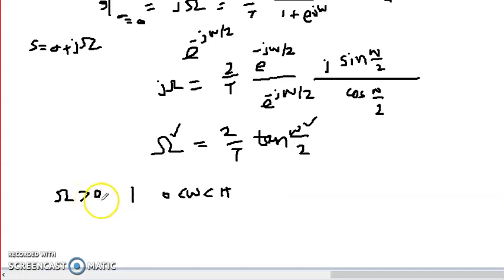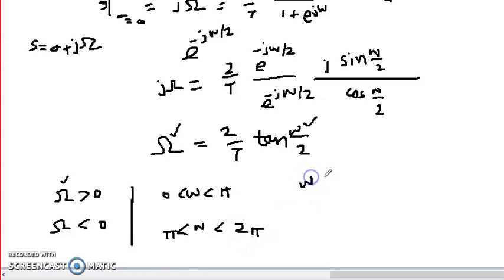When capital omega is greater than 0, that is, when analog frequency is positive, then digital frequency is between 0 to pi, and when capital omega is less than 0, then this omega will be between pi and 2 pi.